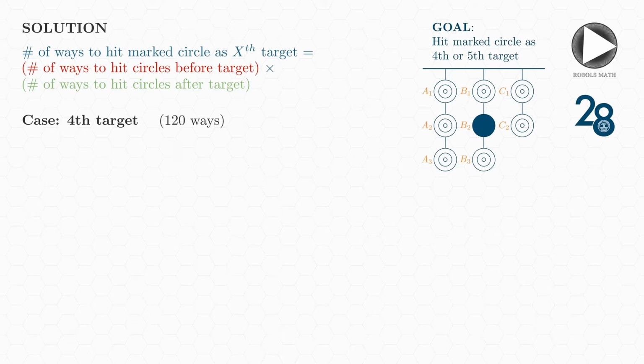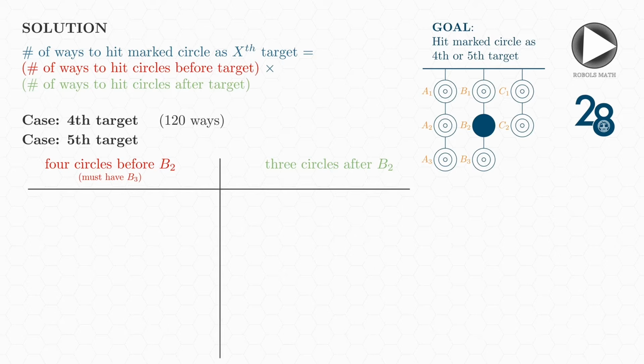Next, we look at what if it's the fifth target. If it's the fifth target, the procedure is just the same. But this time, we must hit 4 circles before B2 and then 3 circles after B2. And then we list all the possible configurations here.